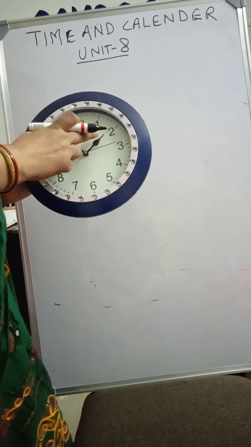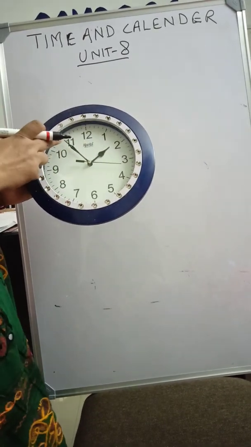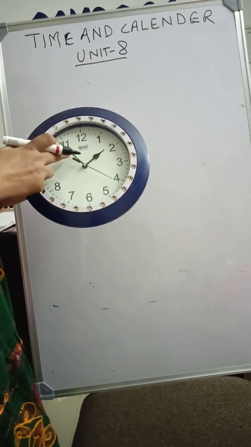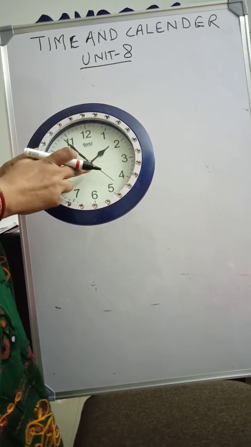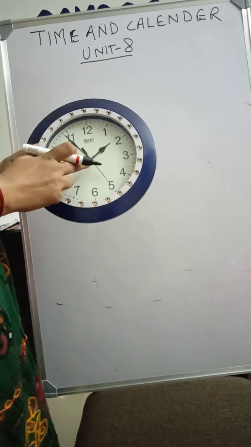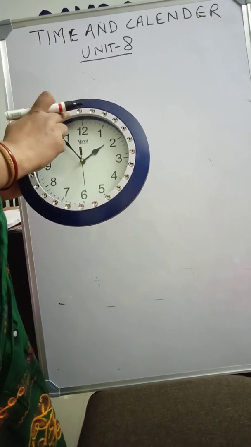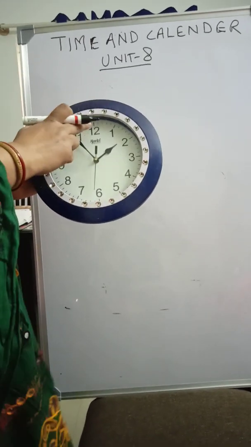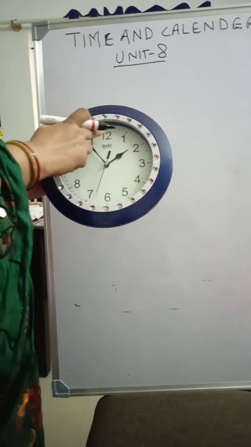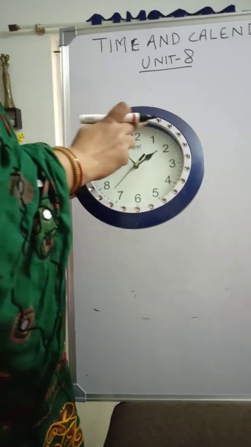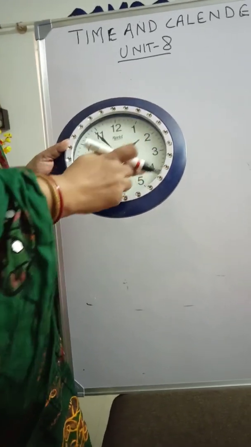The shortest hand is the hour hand, the middle longer hand is the minute hand, and this thin, slender, longest hand is the second hand. This dial is divided into 12 equal parts, numbered 1 to 12, and each section is divided equally.